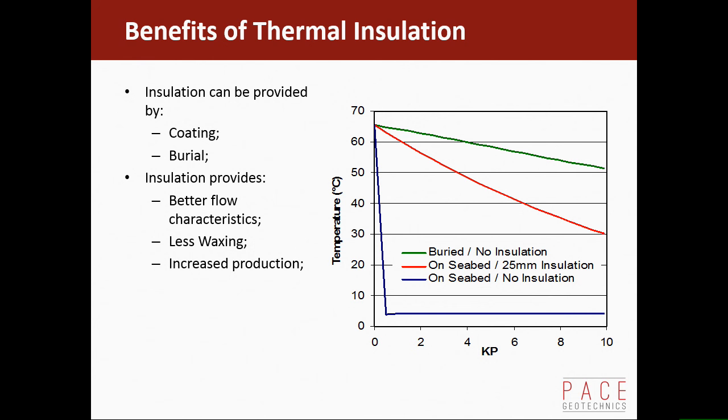But the insulated one is a bit lower. Why? Because that insulation is on the seabed, but it's not buried. Buried with no insulation is that one, just laid on the seabed but with an insulation coat around it.